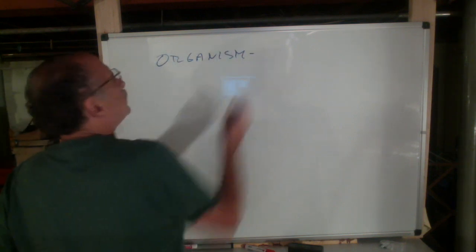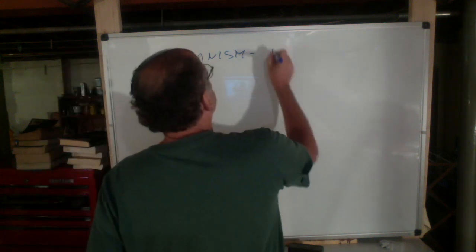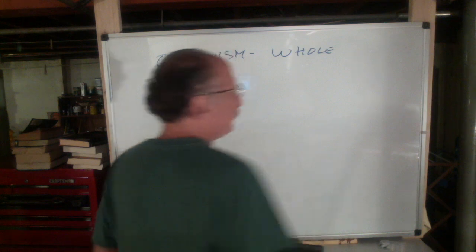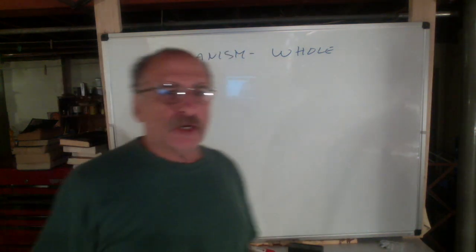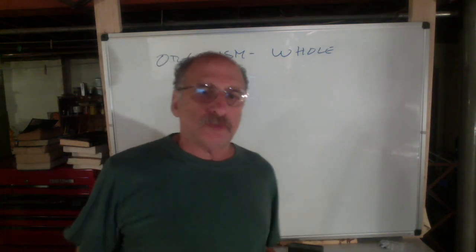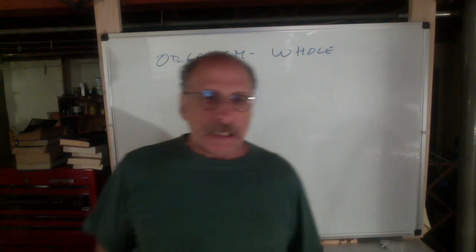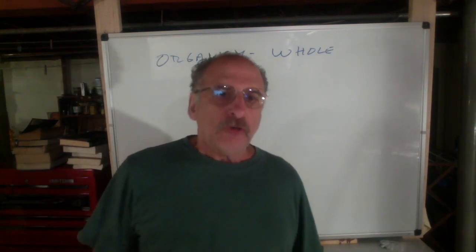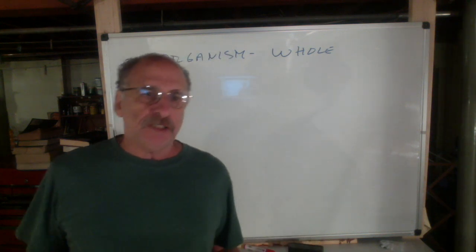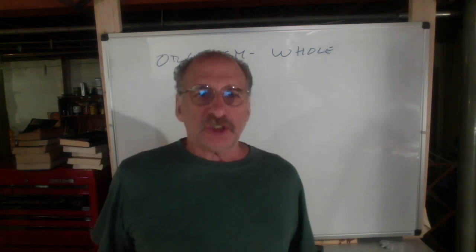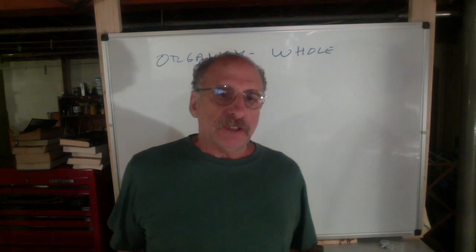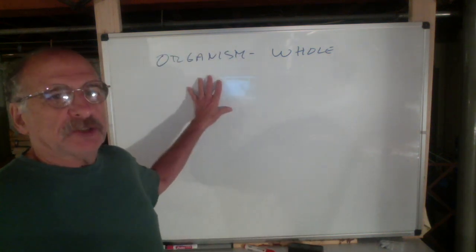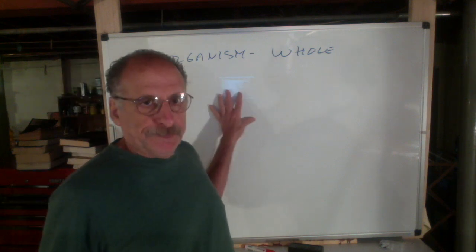Now, the organism is whole. It's the whole thing. Everything I've talked about prior to the organism has been a part. Cells are parts of your body, or tissues are parts of your body, organs are parts of your body. Even an organ system can be considered a part of your body. But when we get to the level of the organism, we're talking about the whole body.